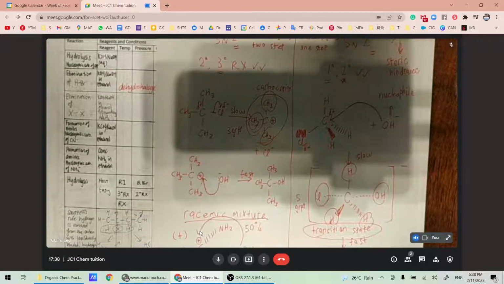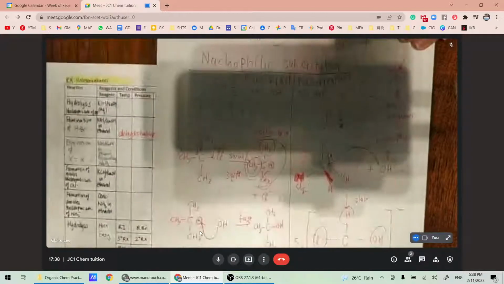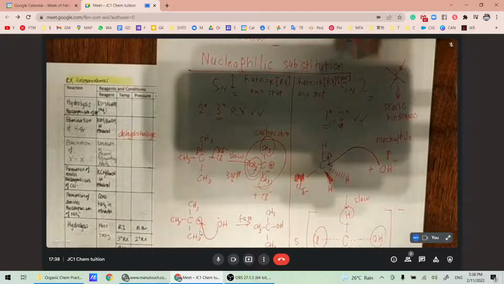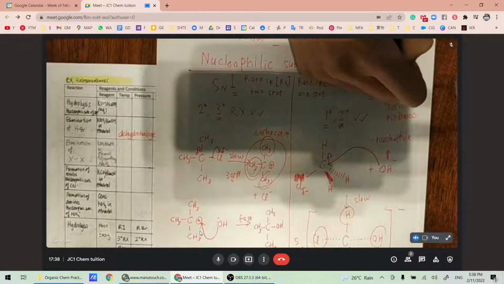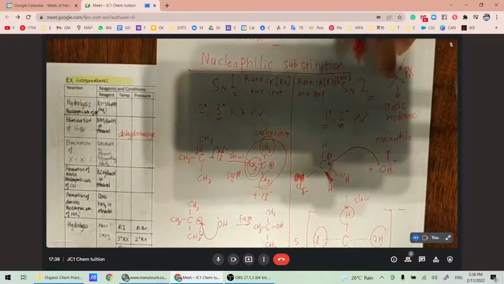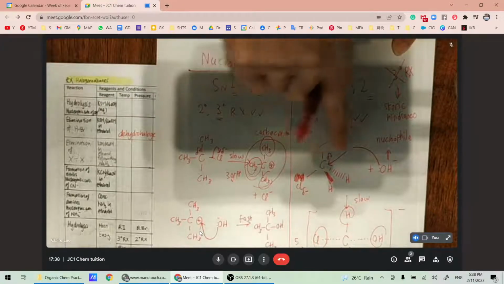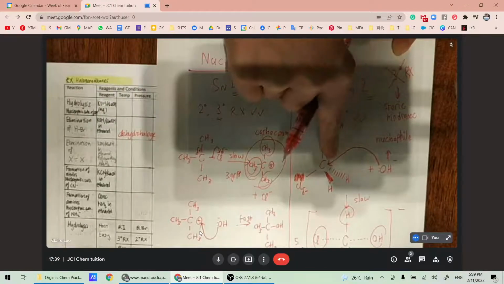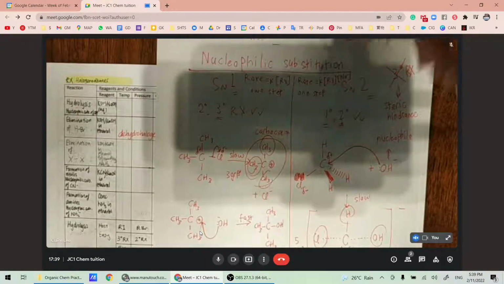Because tertiary halogenoalkanes have steric hindrance, they cannot undergo SN2. There is too much clutter or obstruction for the nucleophile to attack a tertiary halogenoalkane.